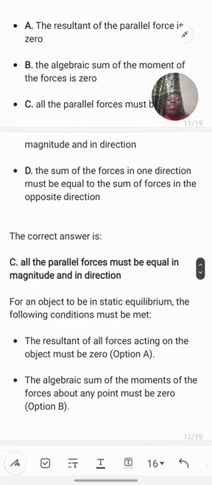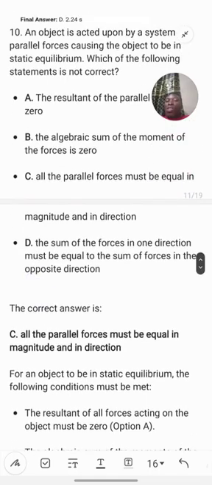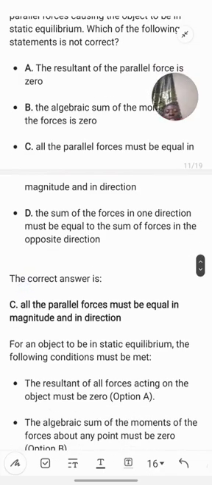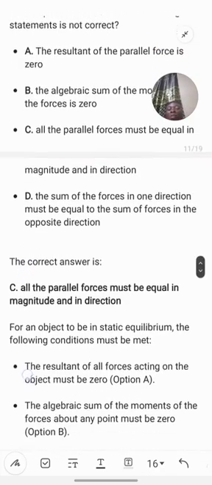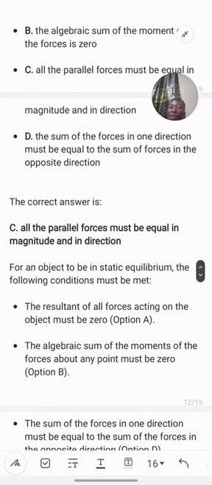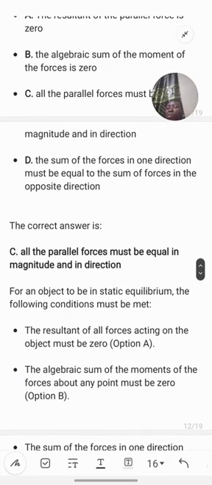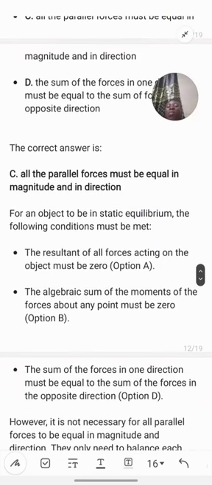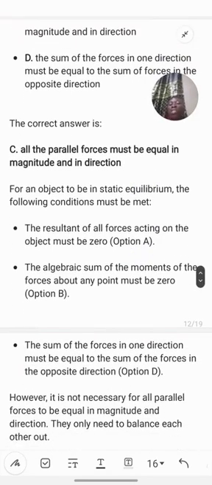The resultant of all forces acting on the object must be 0, so option A is correct. Then the algebraic sum of the moments of the forces about any point must still be 0, because we are talking about equilibrium here. Then the sum of the forces in one direction must equal the sum of forces in the opposite direction. Yes, that is how equilibrium works.